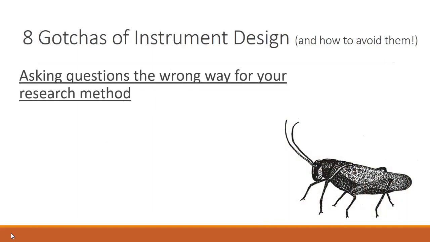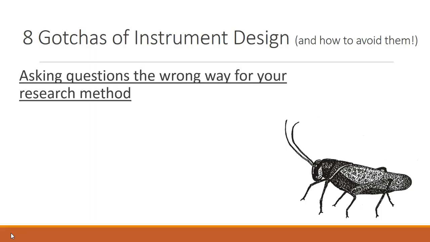Another gotcha: asking questions the wrong way for the research method that you've chosen. There's no way to hear crickets, you know what I mean. Everything's quiet, all you can hear are the crickets chirping. Then to ask a closed-ended question or a yes or no question in a setting like a focus group or an interview.